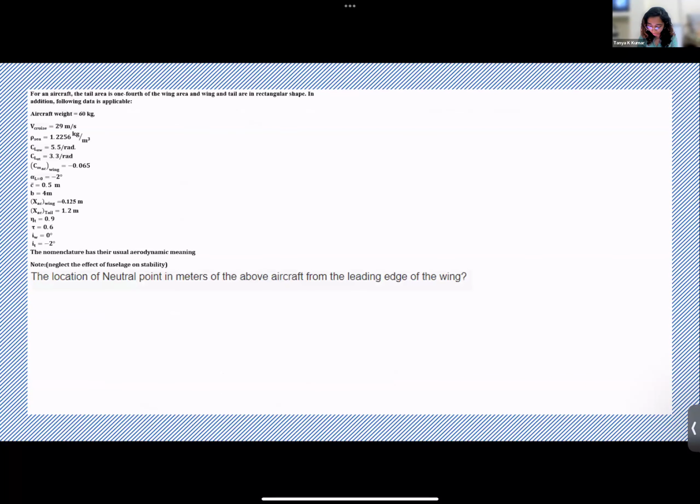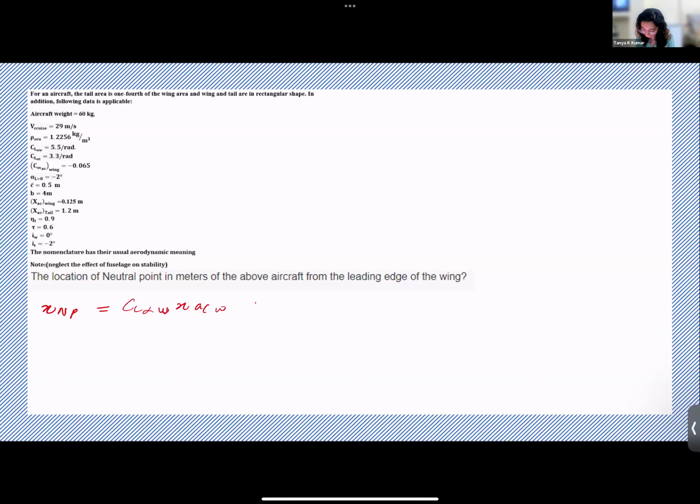The first question was the location of the neutral point in meters of the above aircraft from the leading edge of the wing. We know the formula for the neutral point. I had said it was like a weighted average, so let's try doing that. XNP is equal to CL alpha of the wing times XAC of the wing.